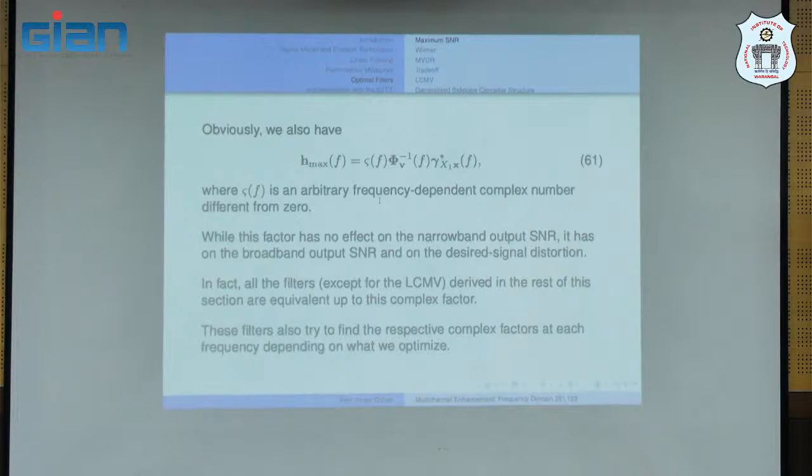So this will be new material. Except for the LCMV and the generalized sidelobe canceller, all the filters look like that, and the only difference between them is these values.